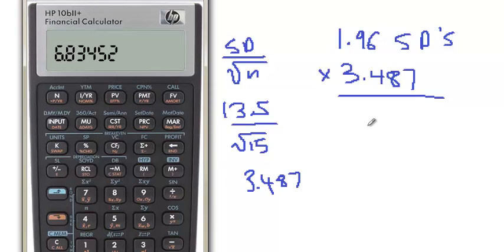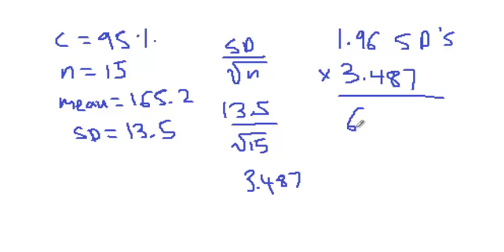And if we want to round it off a little bit, let's call it 6.835. That is 1.96 standard deviations away from the mean. So we could have 6.8, we'll round it up to 6.84 above and 6.84 below.